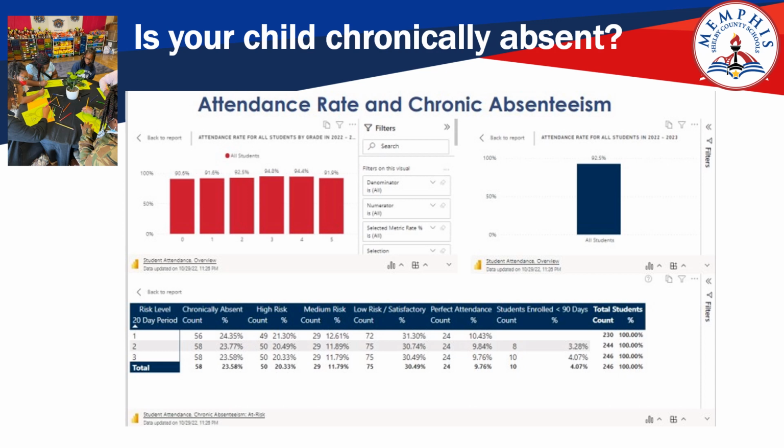Currently, we are sitting at between 90 and 94% of scholars who come to school each and every day. Currently, we have about 9% of students who have fallen into the chronically absent category.